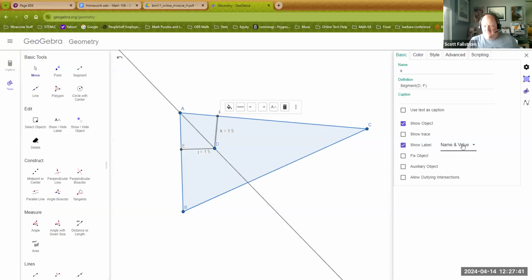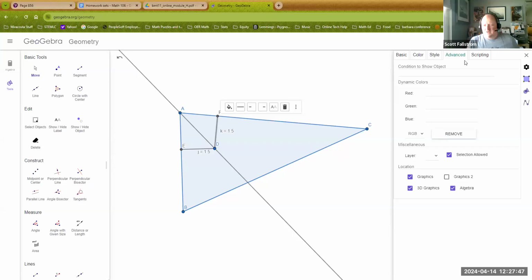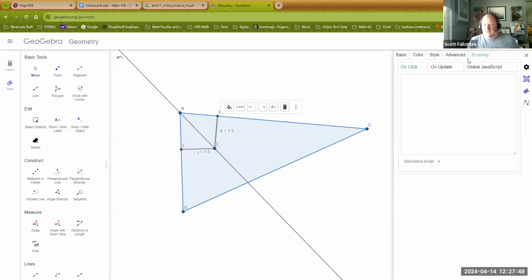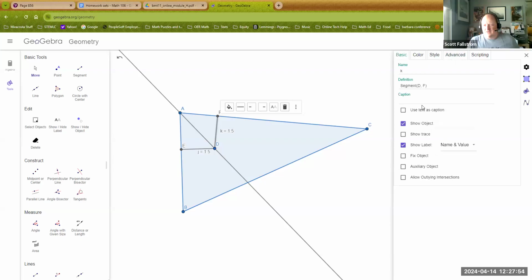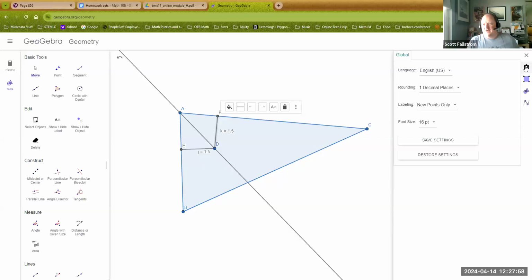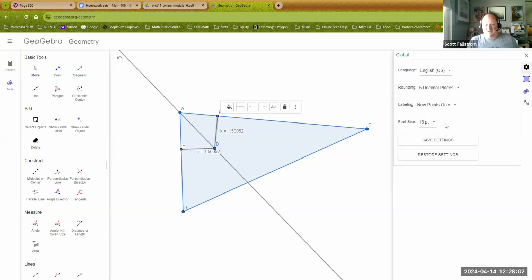Show label, name and value. Yeah, name and value is fine. I wanted decimal points. Oh, I clicked settings for global. So instead of 1 decimal point, why don't we go out to 5 decimal points?